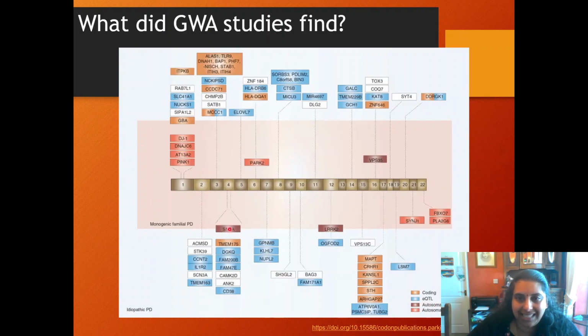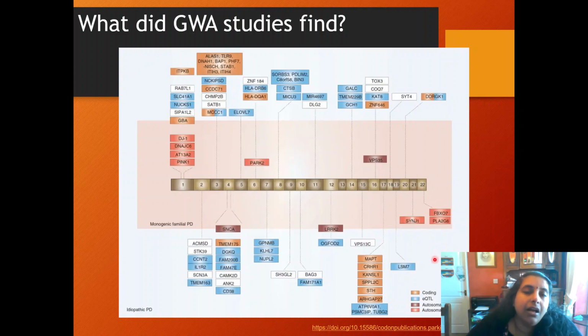So SNCA, LRRK2, both of which I talked about, and VPS35. So chromosome 4, chromosome 12, chromosome 16. And then autosomal recessive PD are the orange ones. So we talked about PINK1 and DJ1, both on chromosome 1, PARK2, which is Parkin on chromosome 6, and then these other ones that are on chromosome 21 and 22.